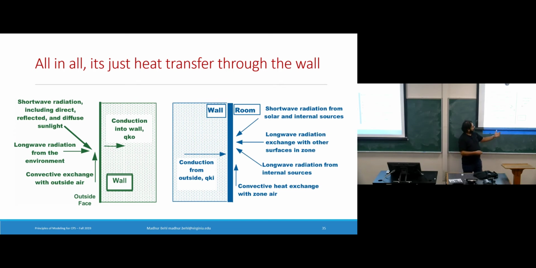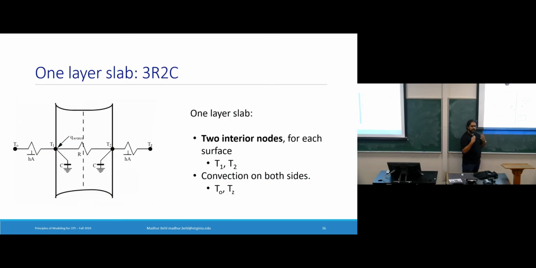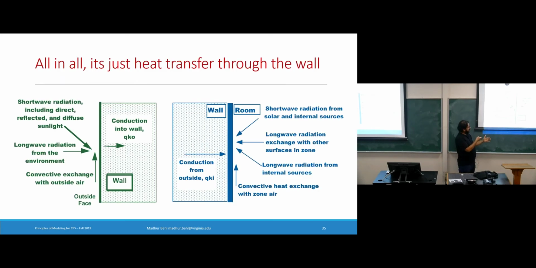Just by this verbal description, you can imagine this wall has some thermal mass, which is acting as a delay between the outside boundary conditions and how much time it will take for that to appear on the inside surface. But that's happening continuously, 24/7, 365.